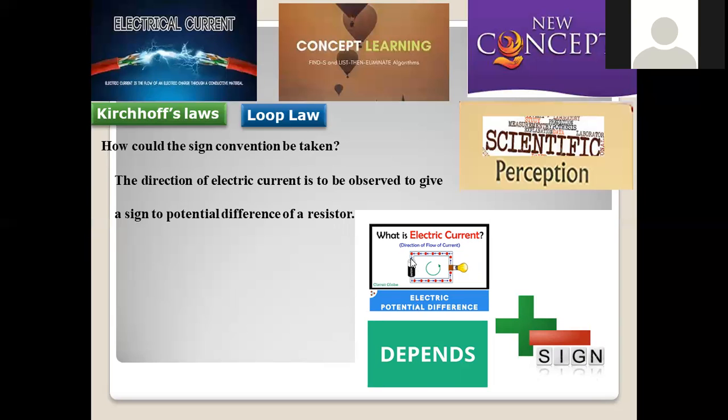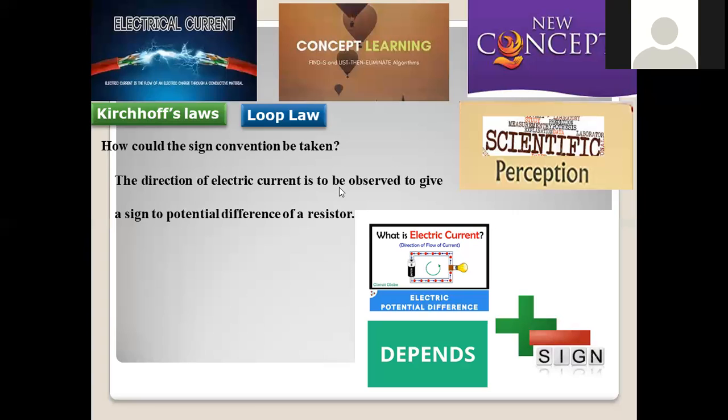In what way the electrical current is moving, based on that we can assign either positive or negative. Just now we saw positive terminal to negative terminal is a negative sign, and negative to positive is a positive sign, right? So in that manner, the direction of the electrical current will drive whether it is positive or negative.